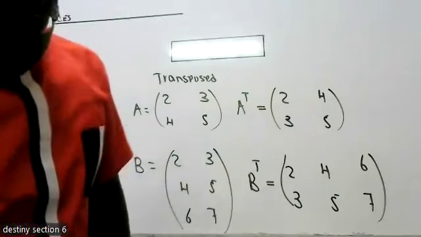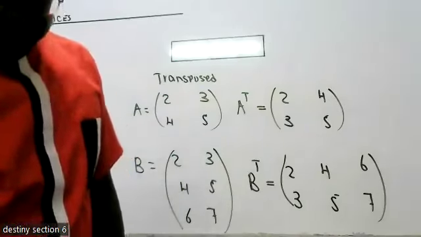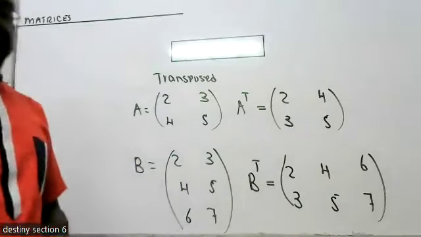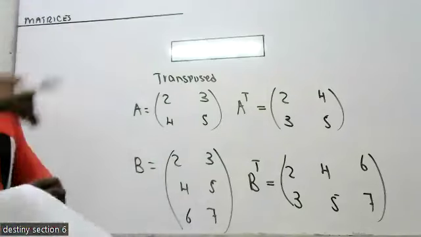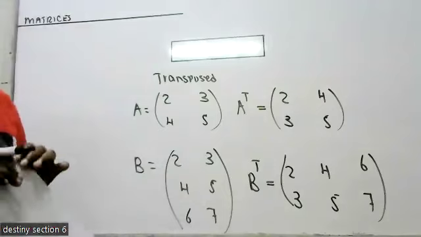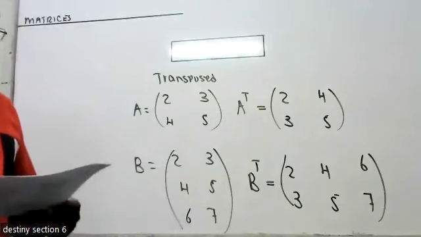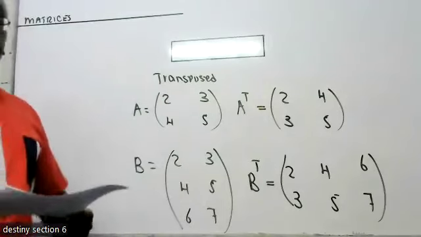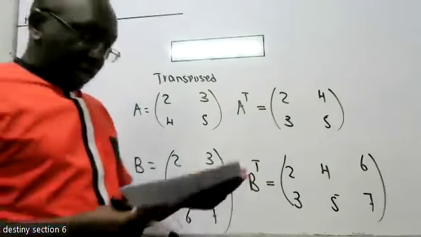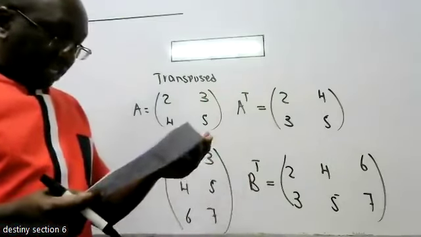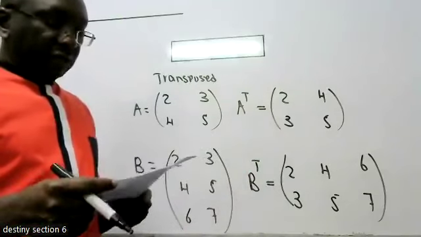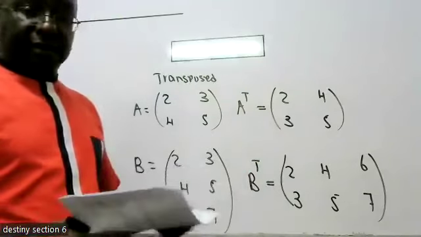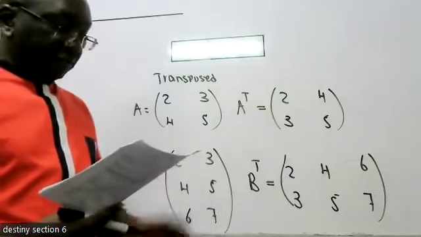Now from there, we have the operations of matrices. When we are told to operate matrices, we have some rules that should be followed, as you can see on page 3. Number 1, you determine the order of the matrices involved.